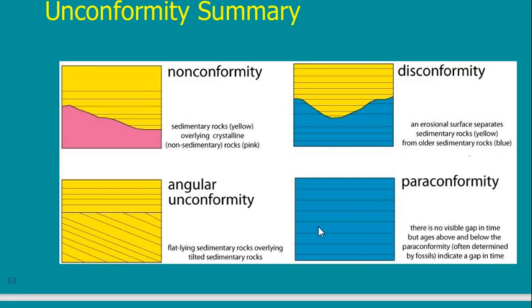Paraconformity is similar to this one, but the difference is that this line of unconformity is a parallel line, a horizontal line. So this may be the line of unconformity.